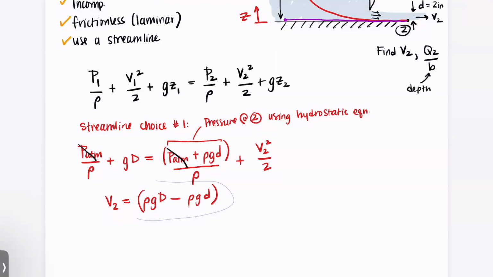That whole quantity times 2. And then I take the square root.